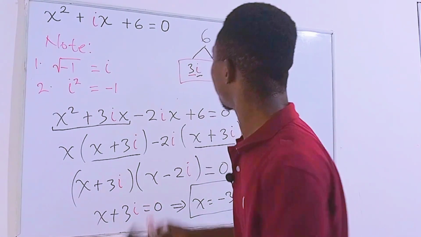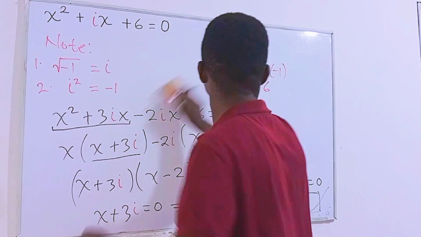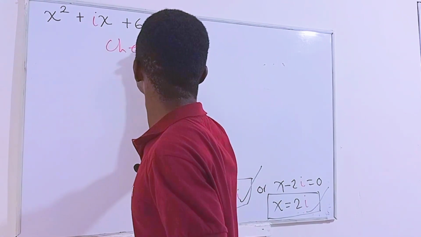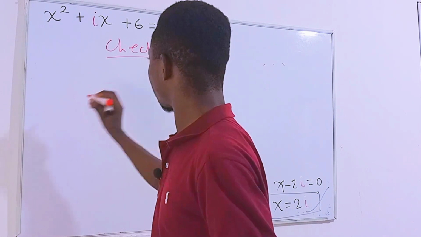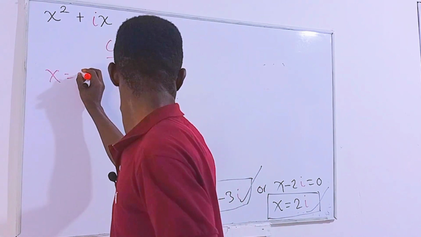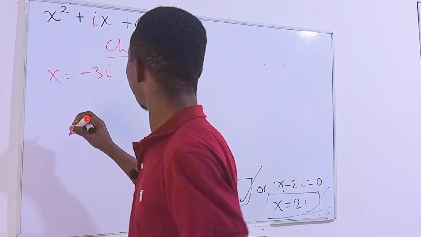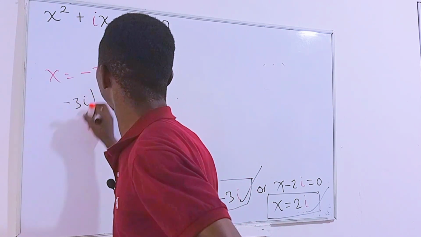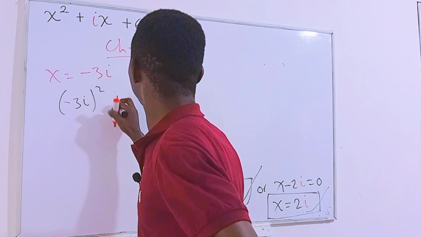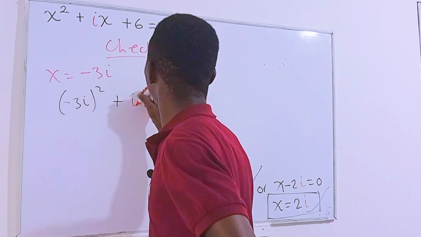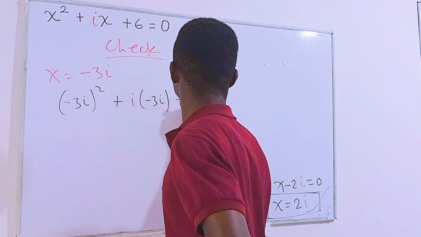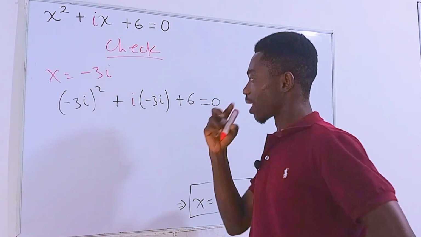So let's go ahead and check that really quick. So I will just say check. Now when x is equal to -3i, in fact we are going to get -3i all squared, then plus i times -3i plus 6, just like that.